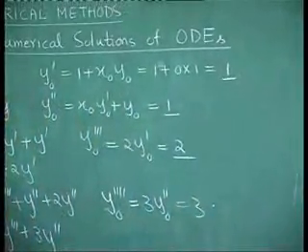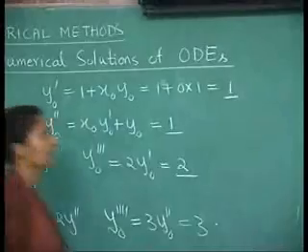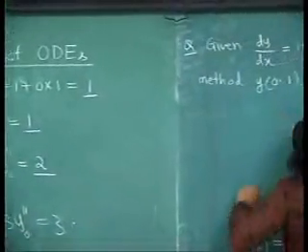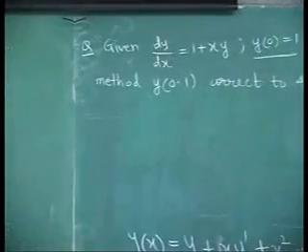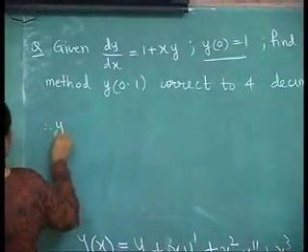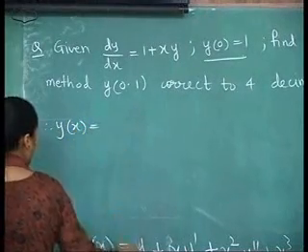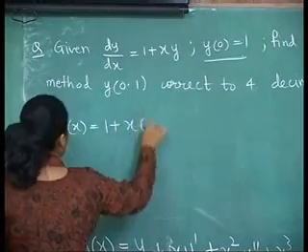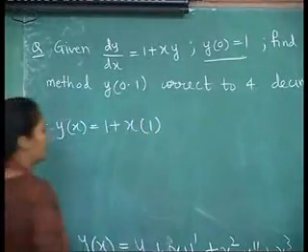Let me substitute in this series expansion the values of the derivatives. So y at x is equal to y naught, y naught is 1, y naught dash is 1.